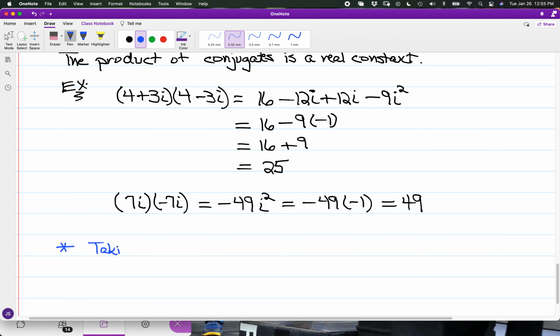To standard form. That is standard as an a plus bi.